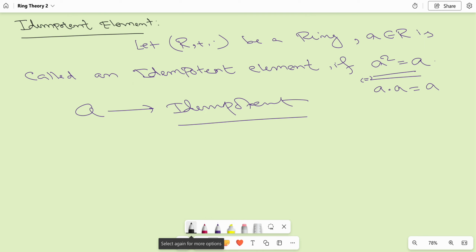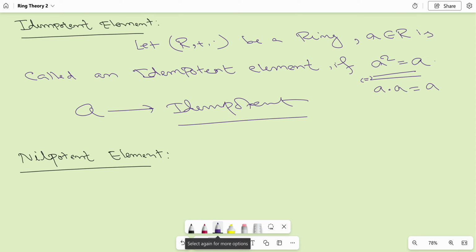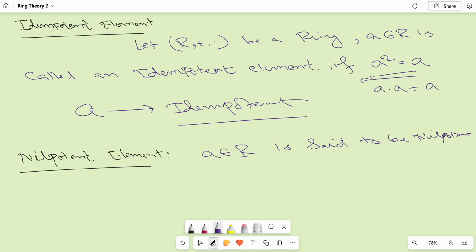Another definition: nilpotent element. An element a inside the ring R is said to be nilpotent if there exists a k belonging to the natural numbers such that a to the power k is 0.